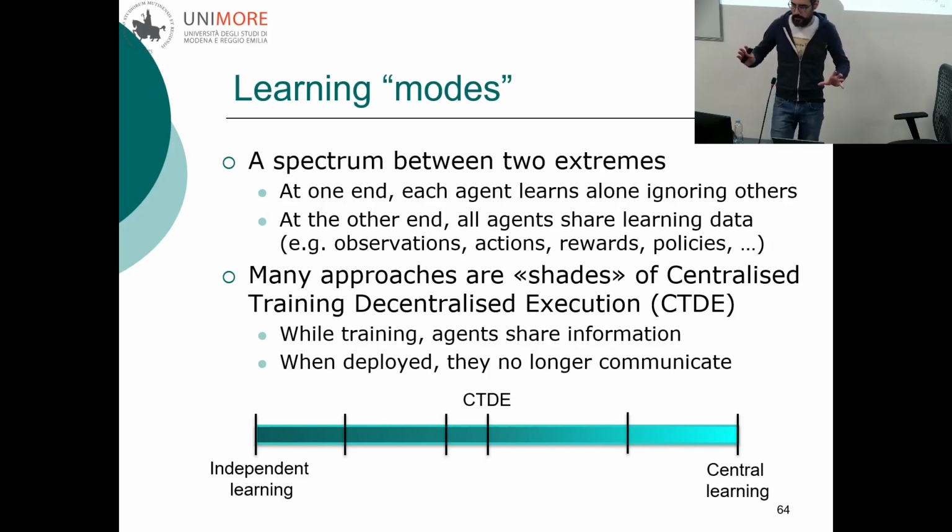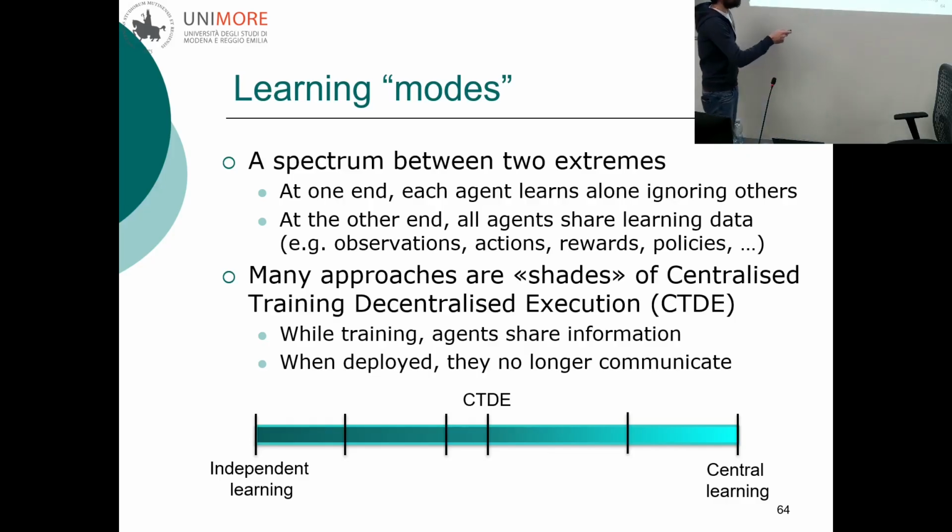If all the agents communicate with, let's say, a central controller, a supervisor, this sort of information, and the supervisor is the one in charge of telling the agents what to do, we are in a centralized learning setting.